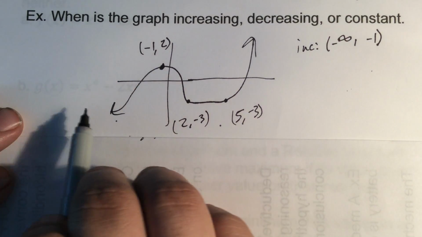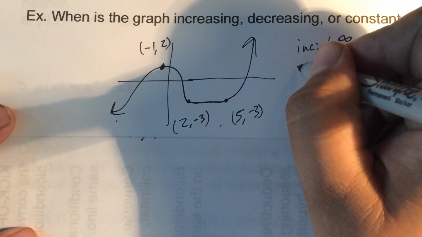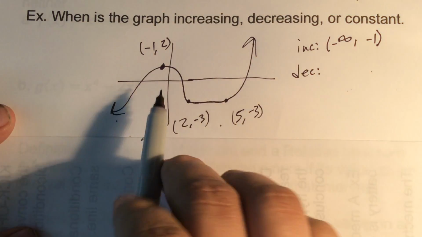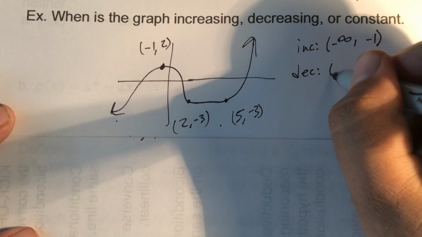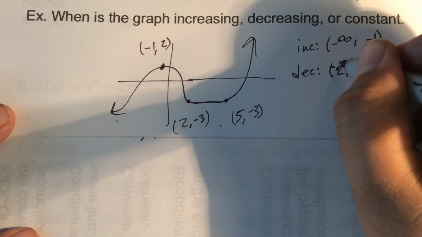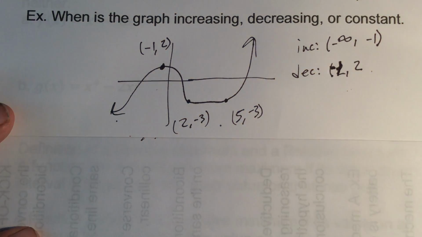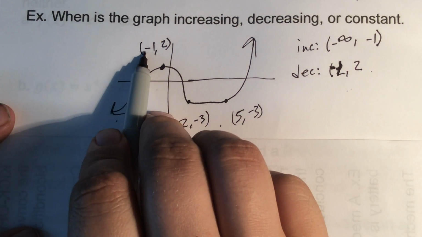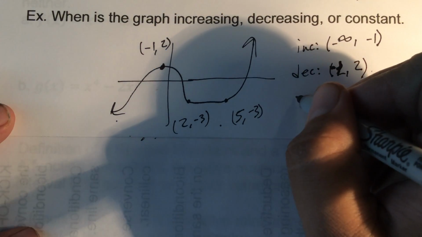But until we reach that, we're working our way up. Now, from there, we're decreasing until we get to this point. So good example here. It's only the x's we look at. So from this x, -1, until this x of 2, we're decreasing.